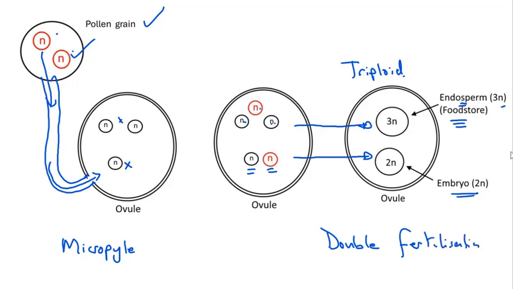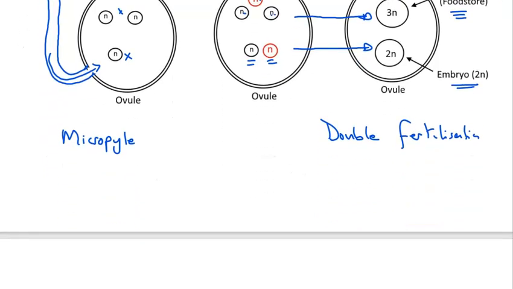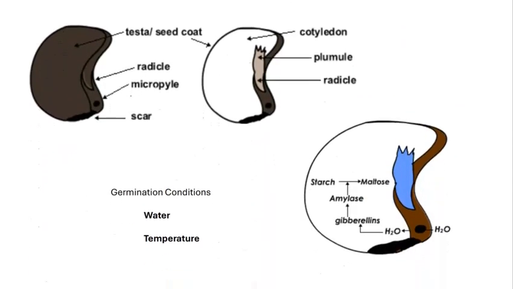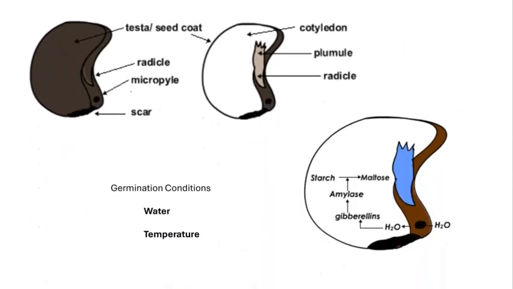These details help us to understand the structure of a seed. A seed has a seed coat, this structure called the testa around the outside, and within it is the embryo. The embryonic shoot is called the plumule, and the embryonic root is called the radicle.